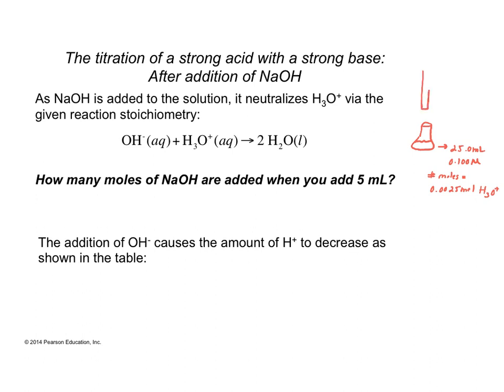Now we're going to start adding NaOH from the burette. Let's say that we start by adding only 5 milliliters of our 0.100 molar sodium hydroxide. To calculate the pH of this resulting solution, we need to consider what type of reaction is taking place between the sodium hydroxide and the HCl.